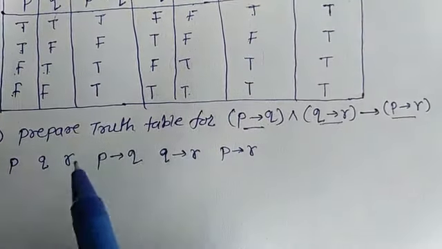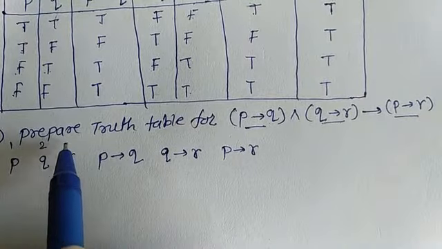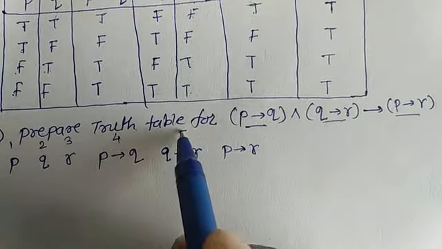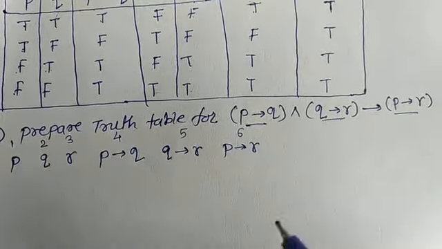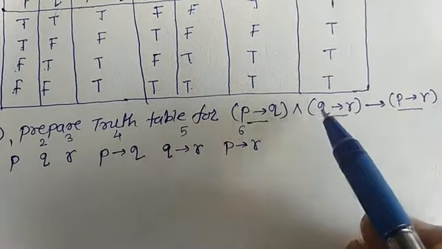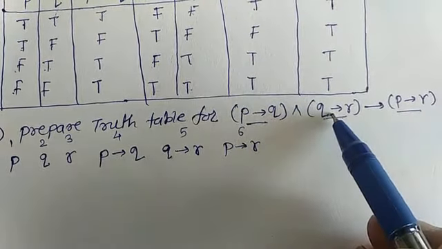Now number these columns 1, 2, 3, 4, 5, 6. First you find the AND of the first and second.